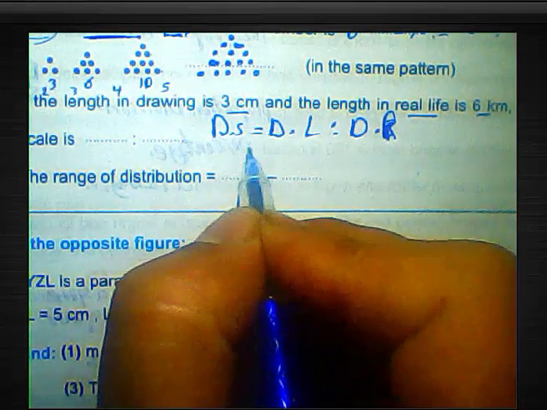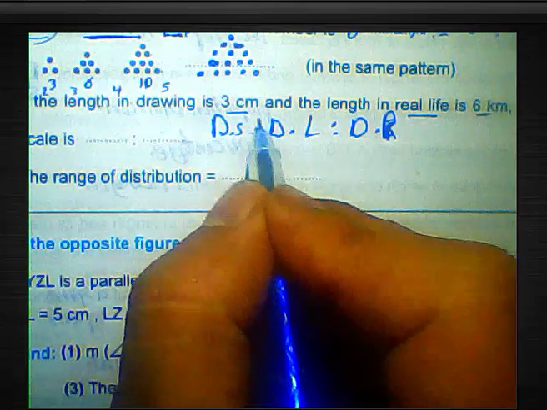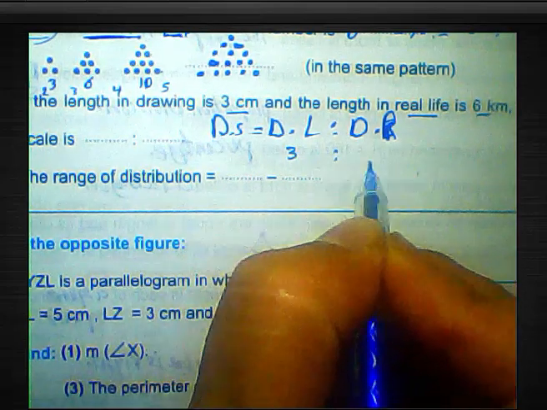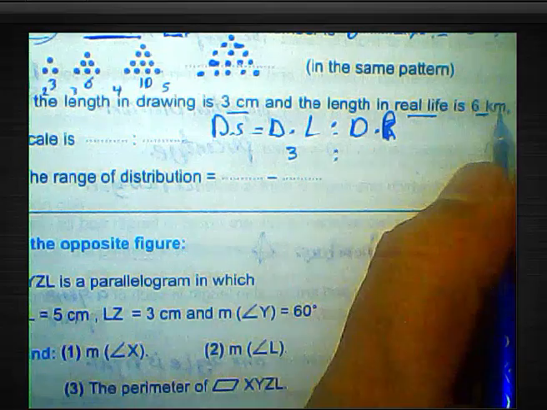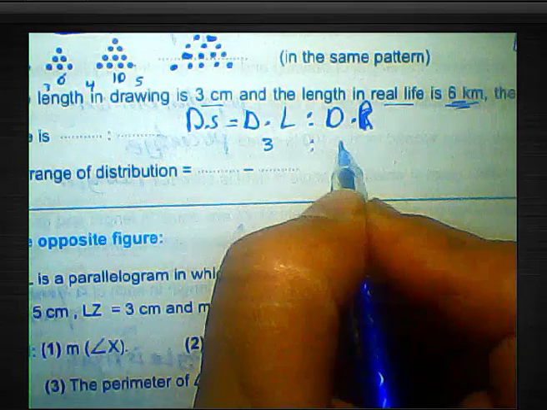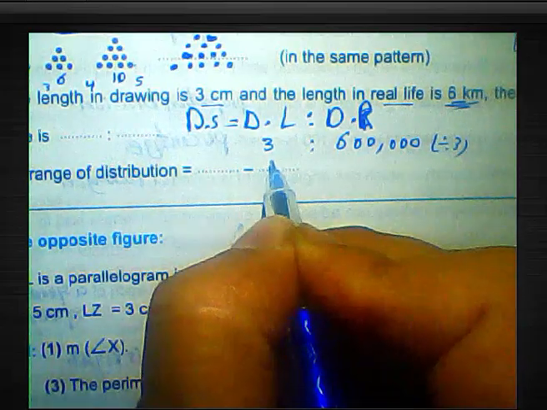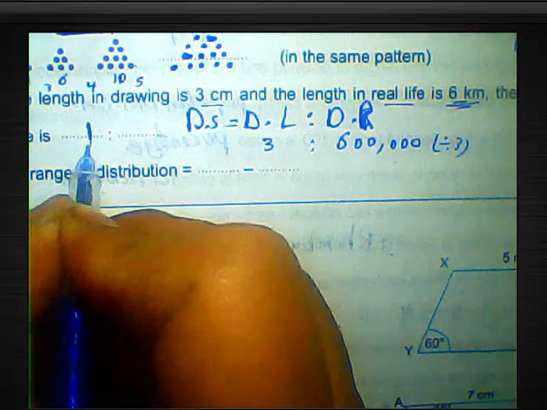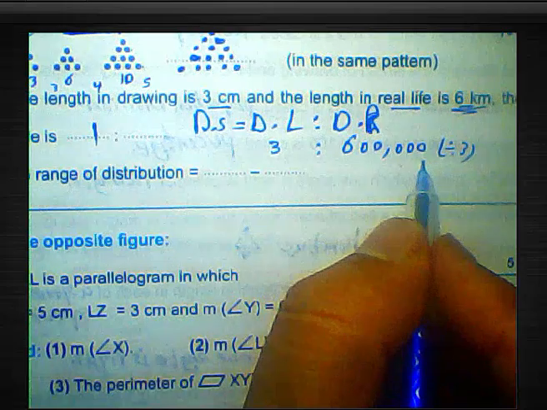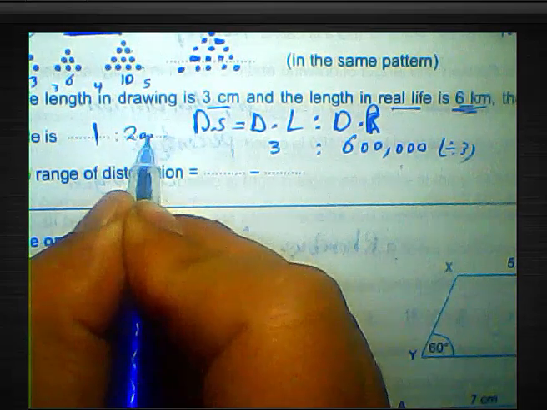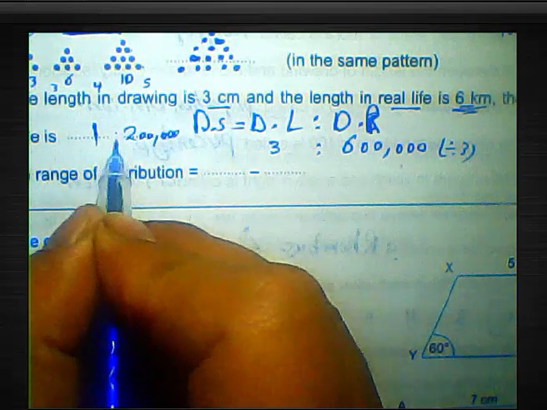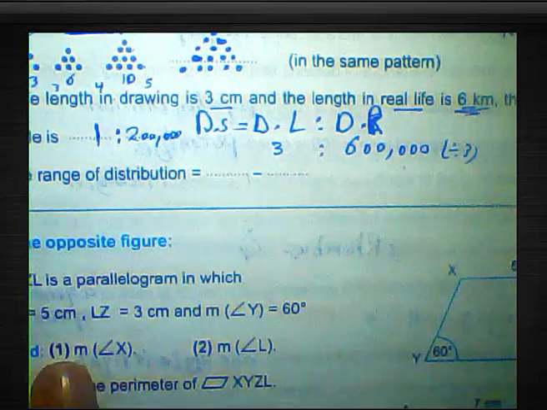We have here drawing length 3 centimeter and real length 6 kilometer. We can convert from kilometer to centimeter by multiplying by 100,000, giving 600,000, and then divided by 3. 3 divided by 3 equals 1, and 600,000 divided by 3 equals 200,000. The ratio will be 1 to 200,000.